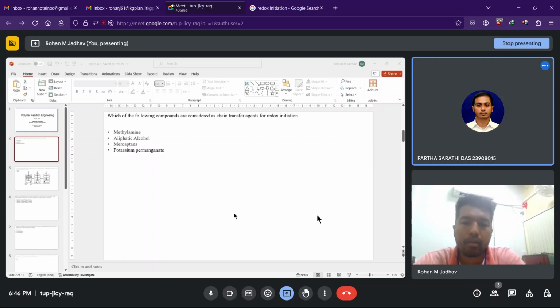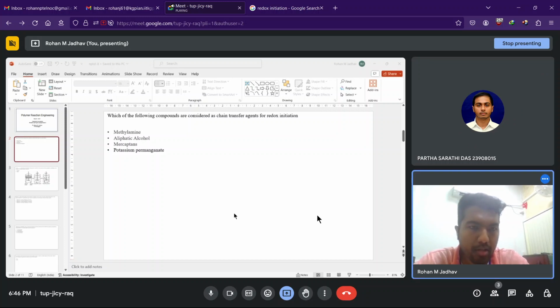Actually, what happens is when polymerization occurs, the end product, the entire mass of polymer formed at the end, is actually a collection of different chain sizes. Molecular weight is determined based on the longest chains present in the polymer mixture.